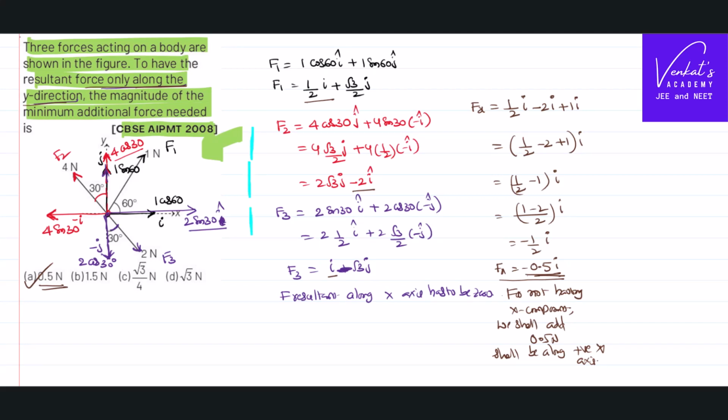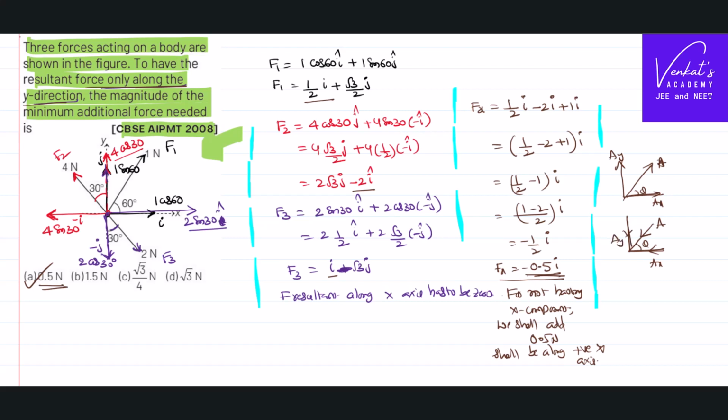So to solve this problem, we are using vector resolution. The only single rule of resolving a vector is that if a vector is going away from the origin, its components also go away from the origin. If a vector is approaching the origin, its components also approach the origin.